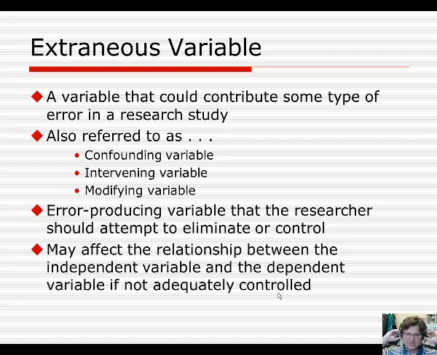So we get into this trade-off of having stronger internal validity but losing our strength in external validity, which we'll talk about in another lecture. So yes, we want to do our research in the real world to have good external validity and generalizability, but no, we don't want other variables affecting our study and damaging its internal validity.